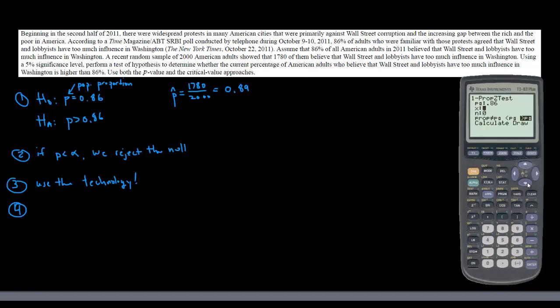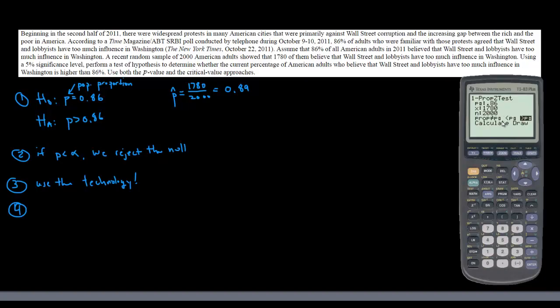X is the number of people in your sample that hold that opinion. So the number of people in our sample, it tells us, was 1780, that think Wall Street and lobbyists have too much influence in Washington. And then what is our sample size? Lowercase n, that's always your sample size. And that's 2,000.